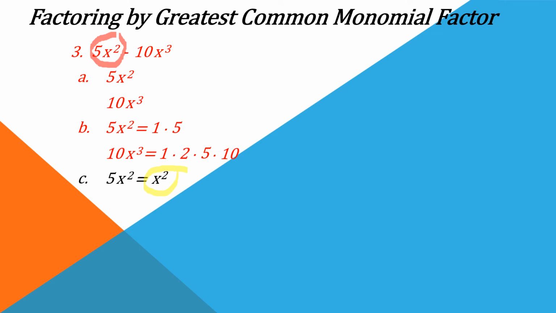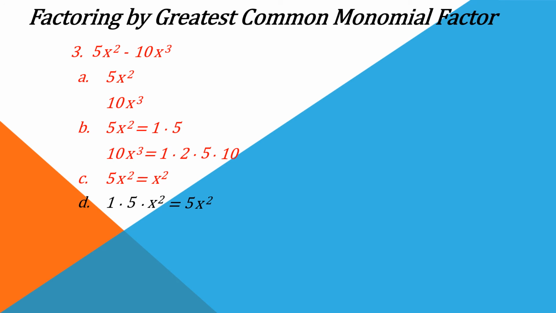Then we multiply the greatest common factor of the numerical and the greatest common factor of the variables, and it is 1 multiplied by 5 multiplied by x squared, which is simply 5x squared.